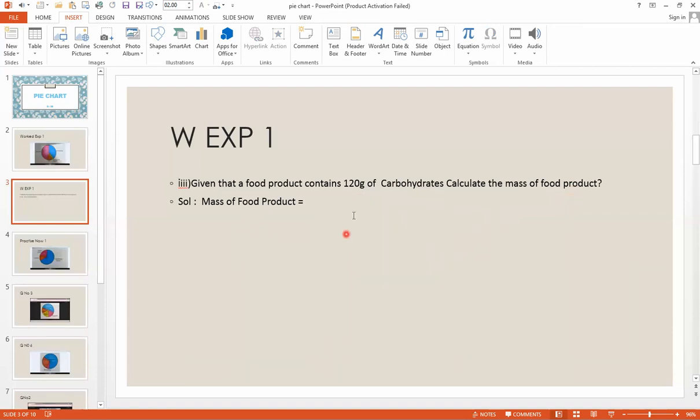Okay, this is the same as we have already done in question number 2. So always remember, whenever any value of any food nutrition is given, you must write total on the top. And in the bottom, always keep in mind, you have to write the value of that specific food nutrition, that is carbohydrate.